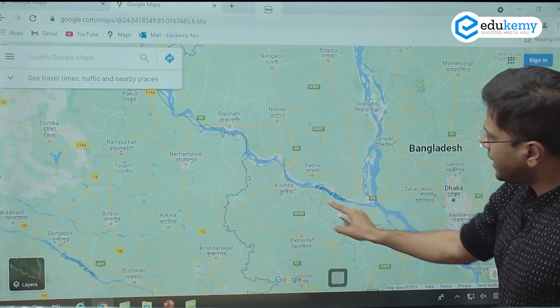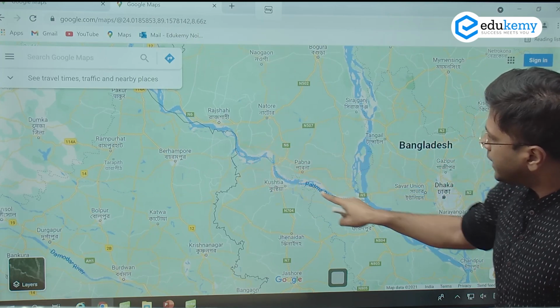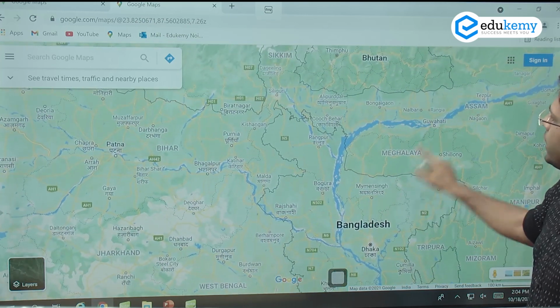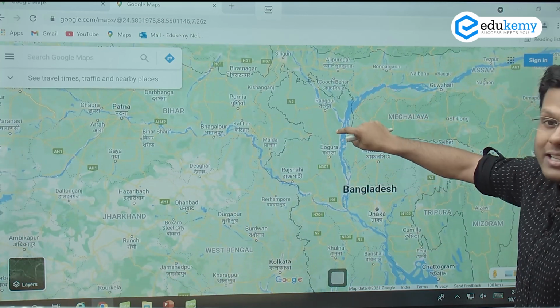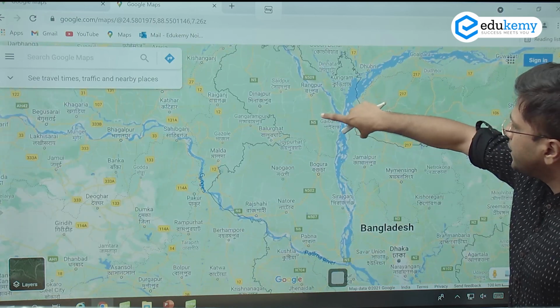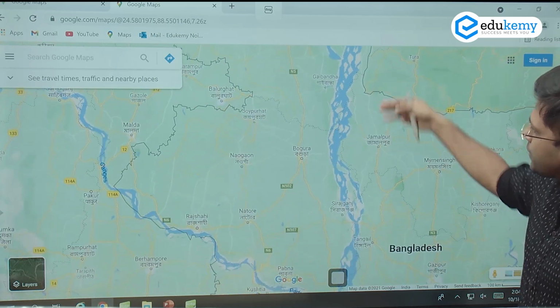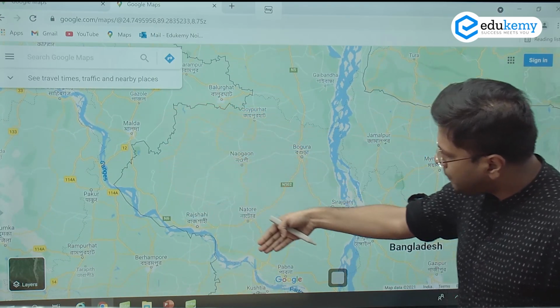See, this is Ganga, and as it has crossed the border, it is known as Padma. Similarly, Brahmaputra, which was flowing from Sadia to Dhubri in India, as it enters Bangladesh, is after that called Jamuna. In Bangladesh, Brahmaputra is known as Jamuna and Ganga is known as Padma.